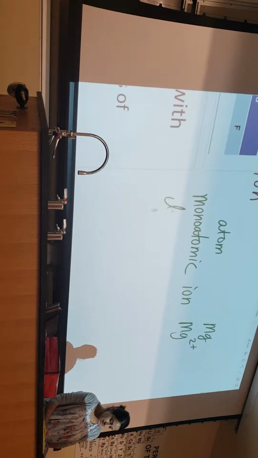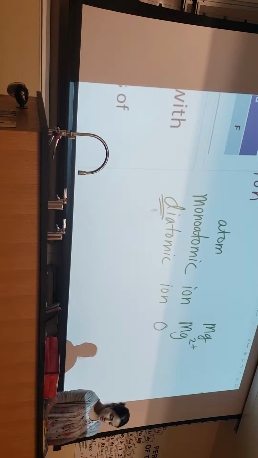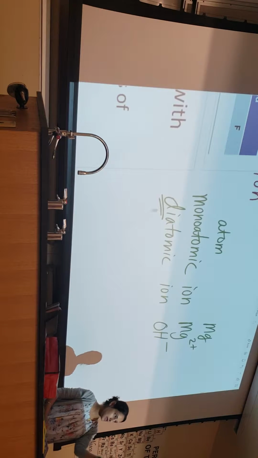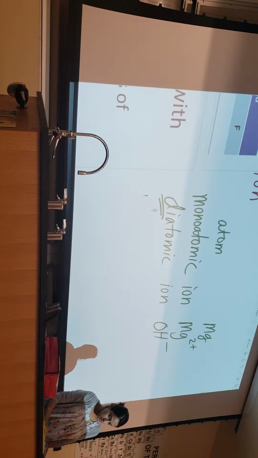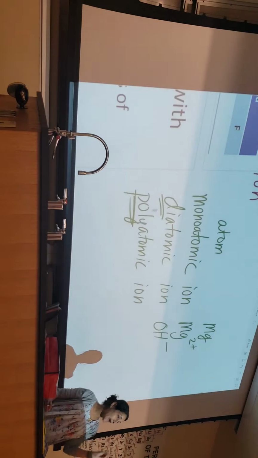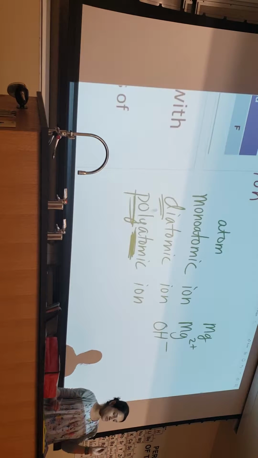If I say atom, that's just going to be magnesium. If I say diatomic ion, here I'm dealing with two atoms involved. Example of this, that hydroxide ion. Notice I have oxygen and hydrogen involved. And there's a charge. When I say polyatomic ion, here I have two or more atoms involved.